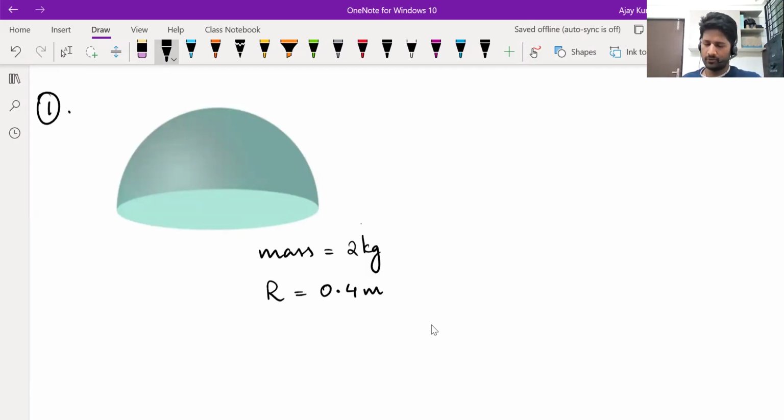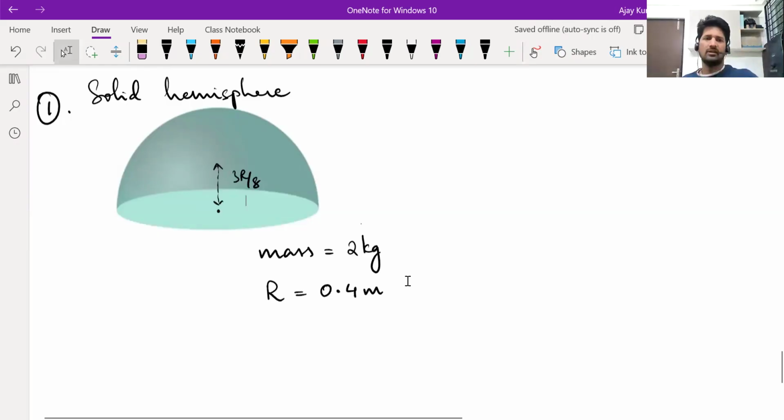Okay. Can one of you quickly tell me where is the center of mass of a solid hemisphere? 3R by 8. 3R by 8 from the base. Correct. That is what we derived in the last class.